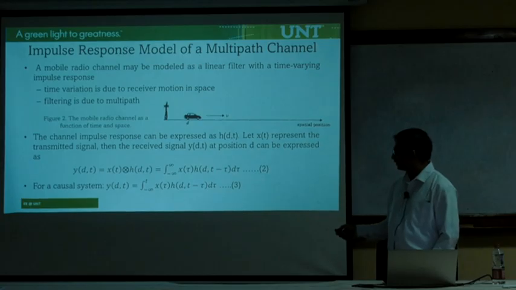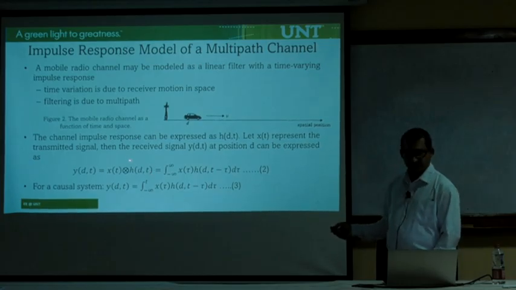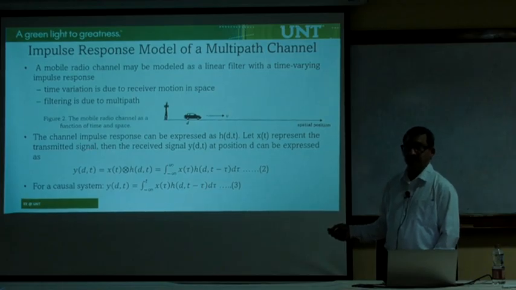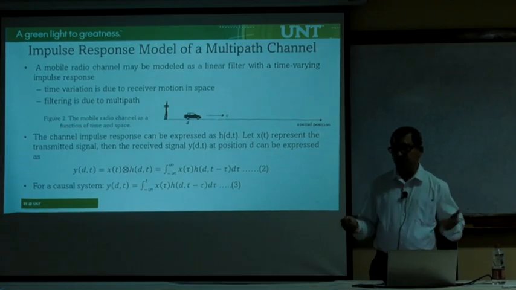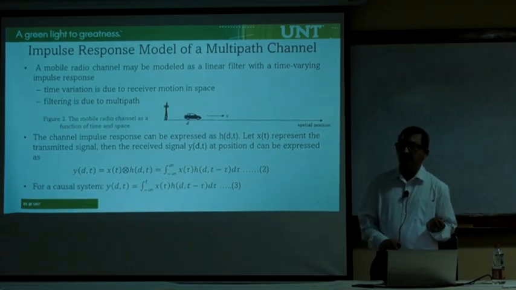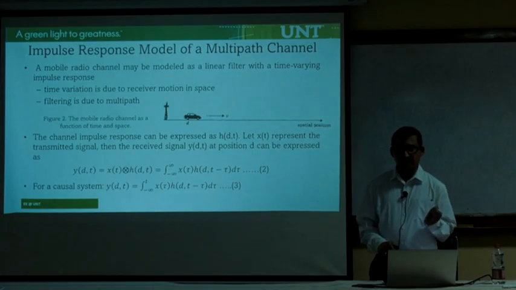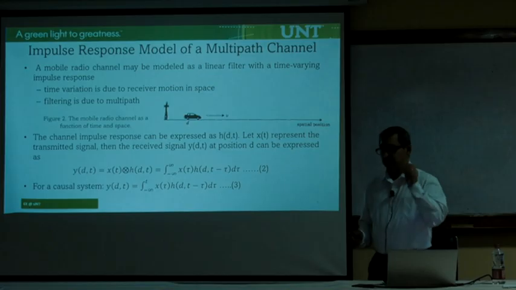And then the other thing is whether it is time variant or time invariant. Because if you simplify the model with lots of assumptions, you can express it as a time invariant system, but in most scenarios it is time variant.